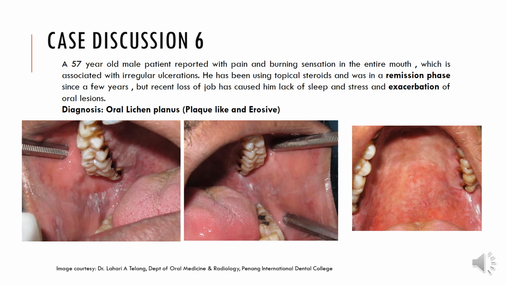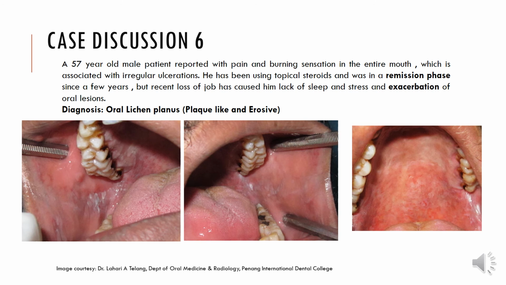So in this case, in the photographs, you can see that there are bilateral white areas, thicker than the ones you've seen in the previous case, which gives us an idea that this could be plaque-like lichen planus lesions. And also on the palate, you see a mixed red and white appearance, which is the erosive component of the lichen planus.